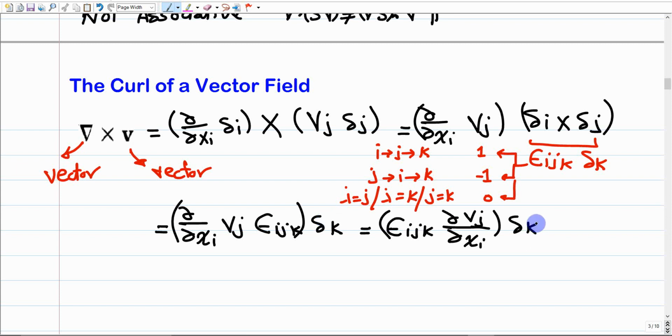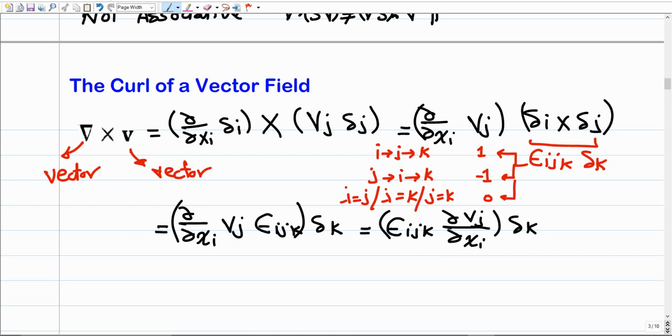For example, if you are going to use i instead of k here, you are not allowed to use i inside this bracket, unless this i is replaced by a k or any other index. You got my point? So anyway, we're going to end up with this form of the curl of a vector.